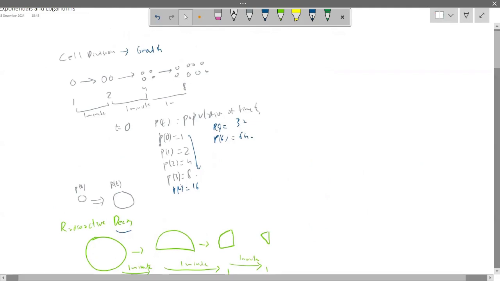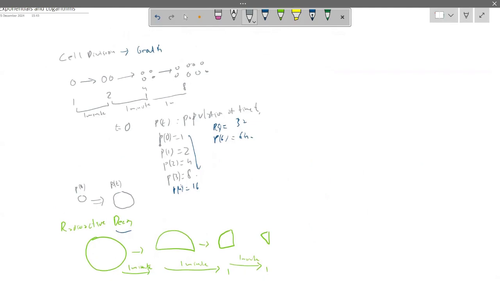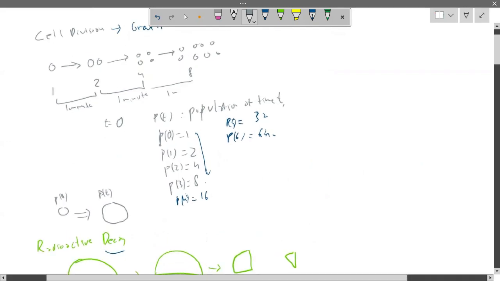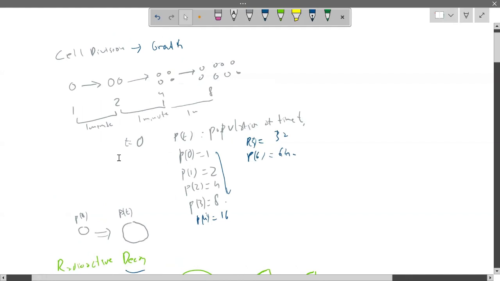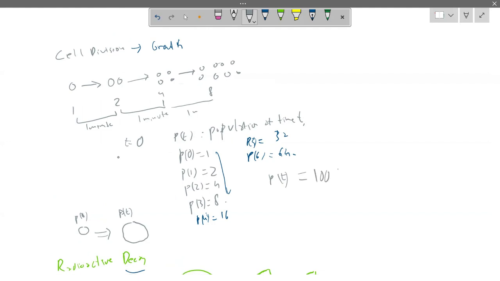Recall that here, the number of cells doubles every minute, right? Now, I want to know at what time the population is exactly, or approximately, 100 cells.